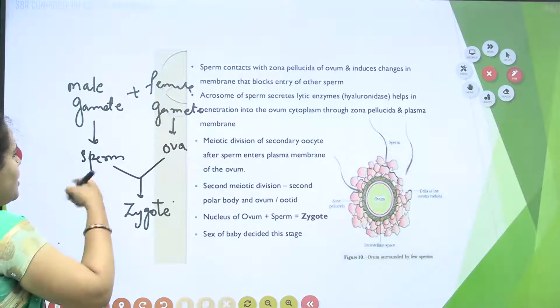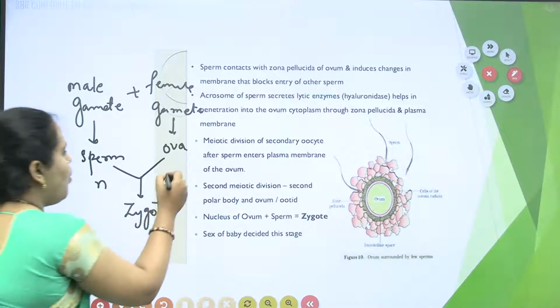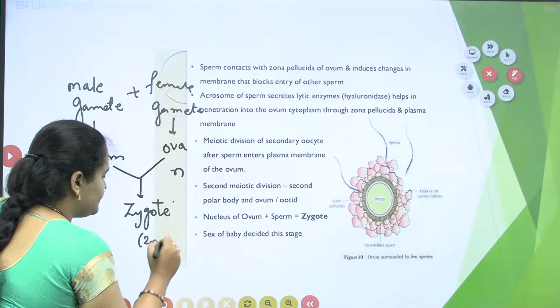So here the sperm will be haploid as it is a gamete, and the ova will be haploid. The resultant will be a zygote.